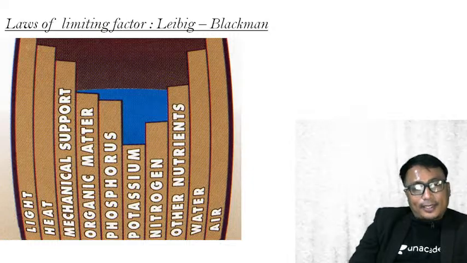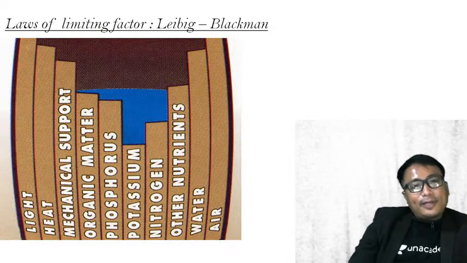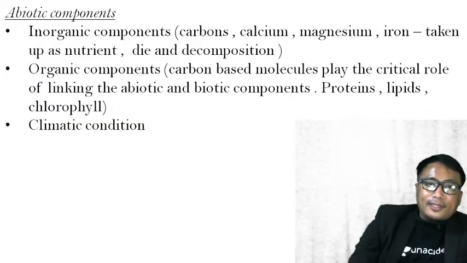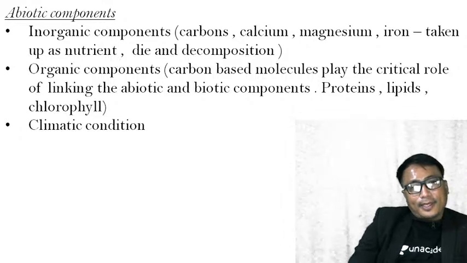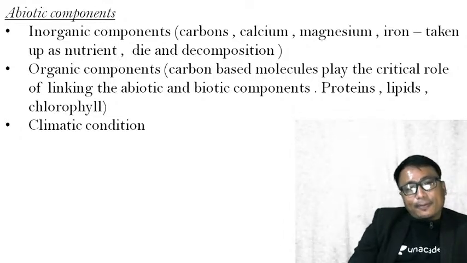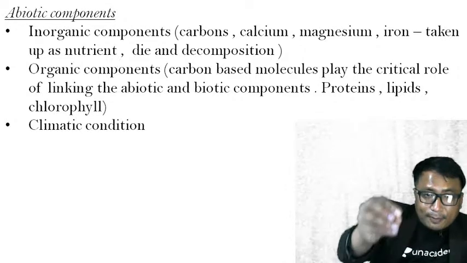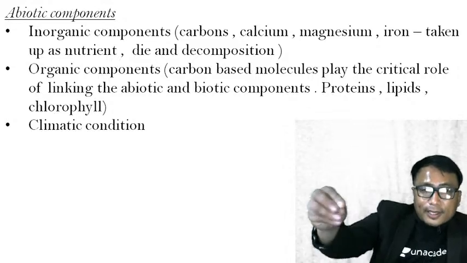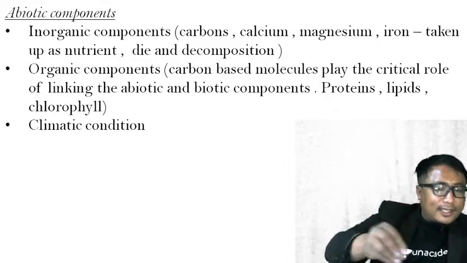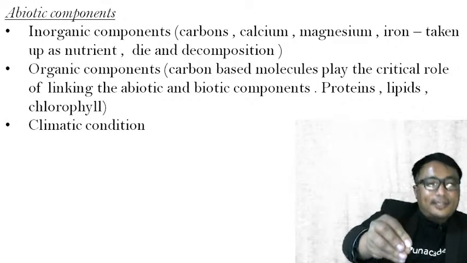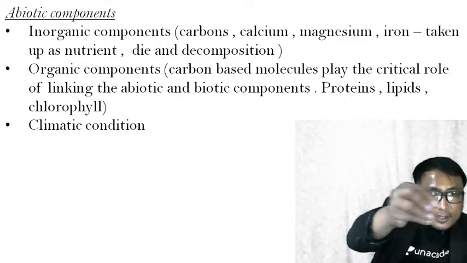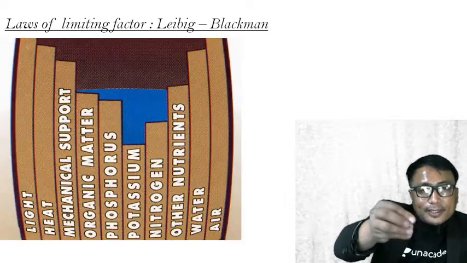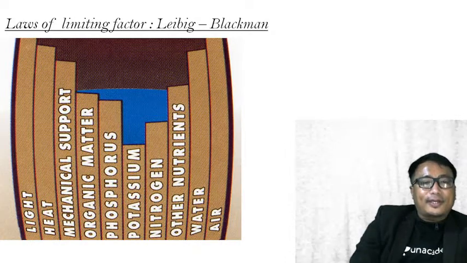The law of limiting factors comes into the picture when we are talking about the abiotic component, that is, inorganic components like carbon, calcium, magnesium, and so forth, organic components like protein, lipids, and so forth, and also the climatic conditions. All of these are components of the abiotic component. When we are discussing this, then comes the relevance of the law of limiting factors.